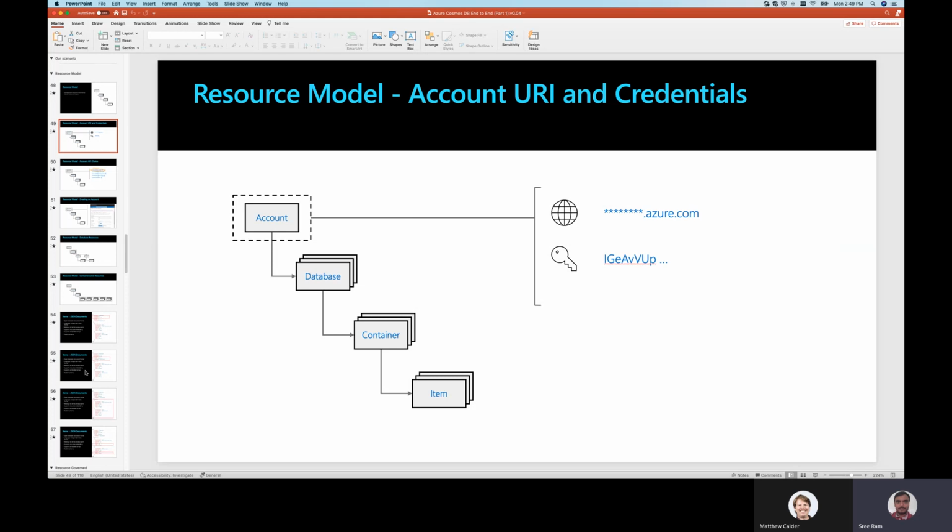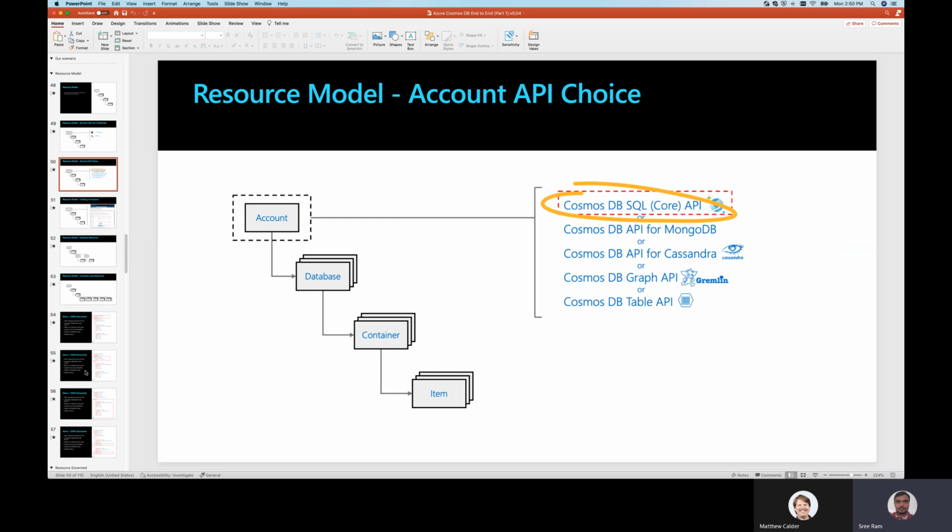So in this resource model, I'll show you in a bit a demo of how Cosmos DB looks. At a very high level, a Cosmos DB account will be in the form of cosmosdbname.azure.com, because this is just an account with a key. And when you are creating your account, you need to choose the appropriate API.